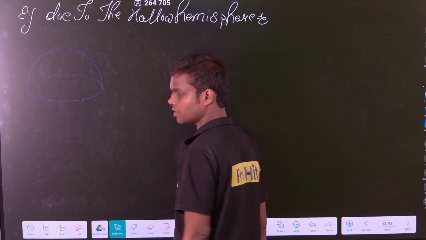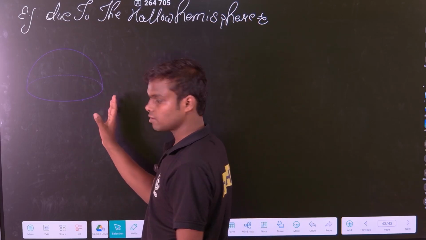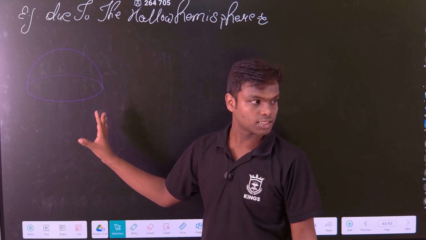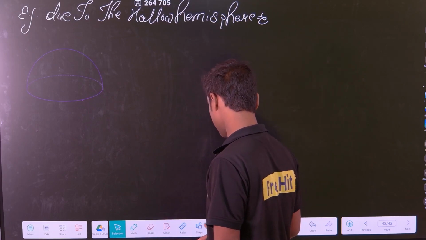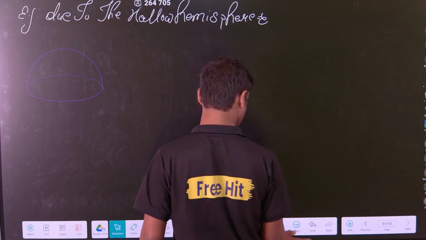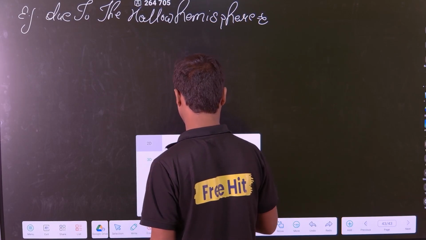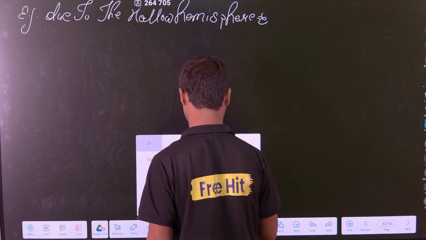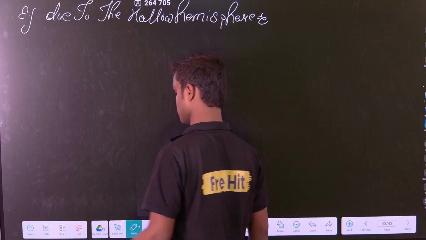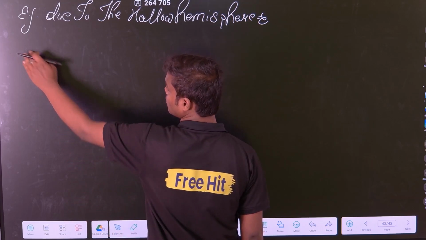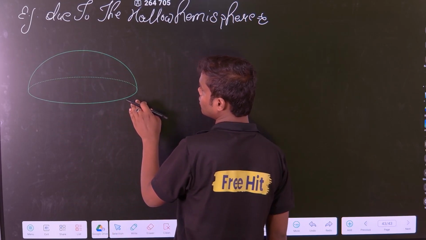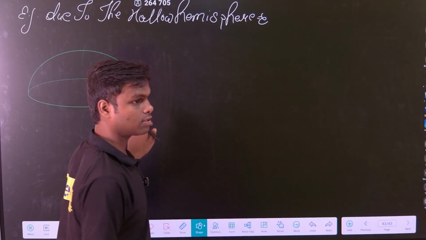This is a hollow hemisphere which has a radius r that is given. I think it is not visible to you, so let me do something for you. I hope this is visible. Yeah.